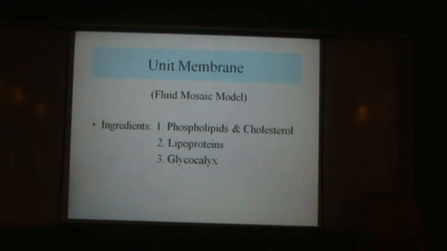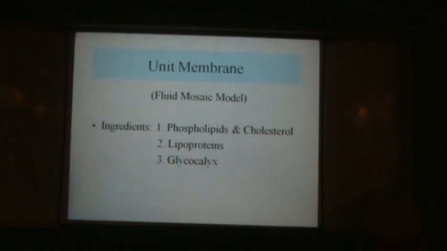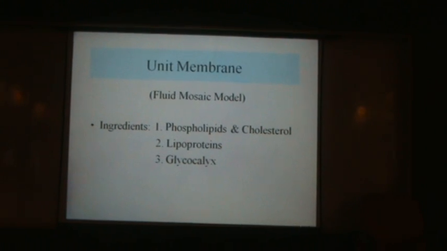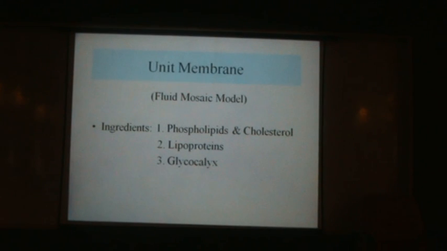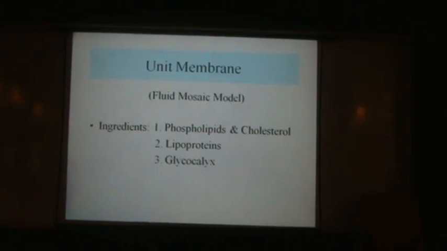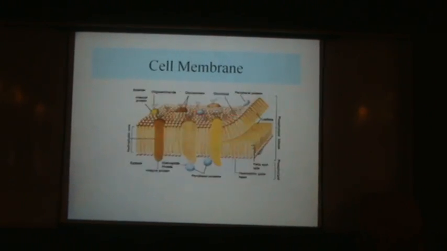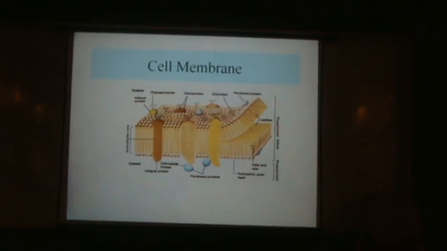So that is another role done by glycocalyx, that it provides attachment with the adjacent cell. So providing a site for hormone or drug or neurotransmitter, and cell-to-cell attachment, these are the two functions carried out by glycocalyx. Now we go into the details of that structure in the form of a diagram.